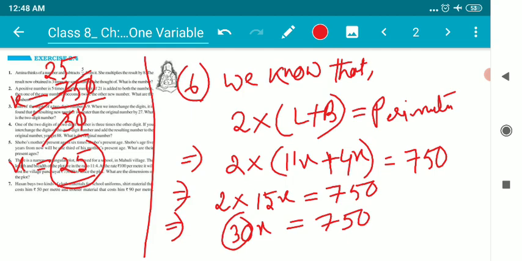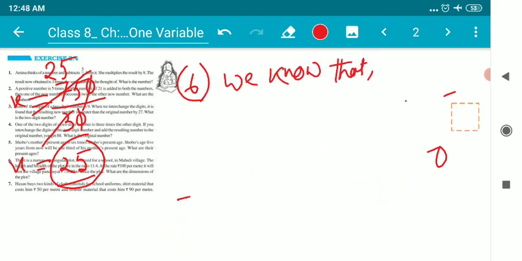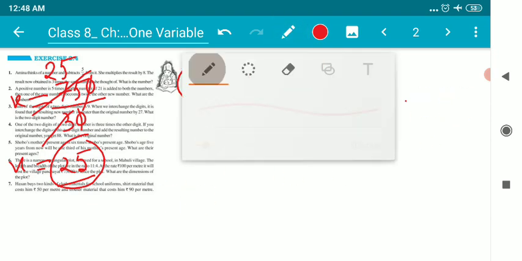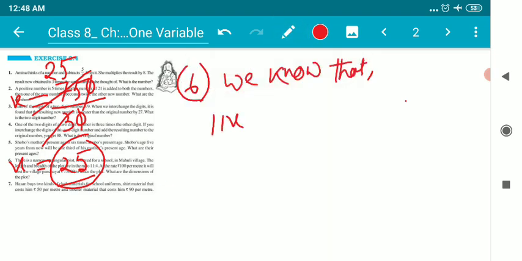Children, we will find out the length and breadth now. How? Just check out. Length is 11x. Yeah, 11x. So I'll write 25 into 11. 25 into 11 is 275. 275 meter is the length, and let us find the breadth.